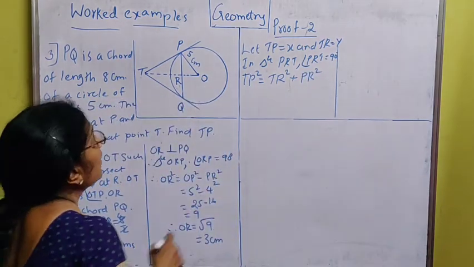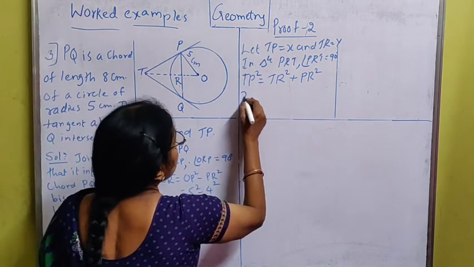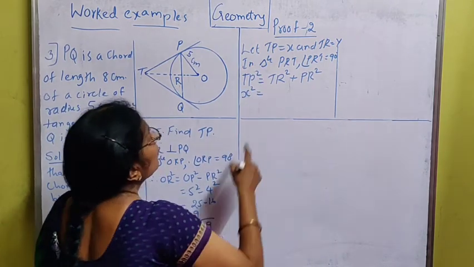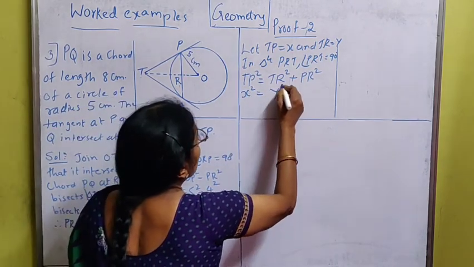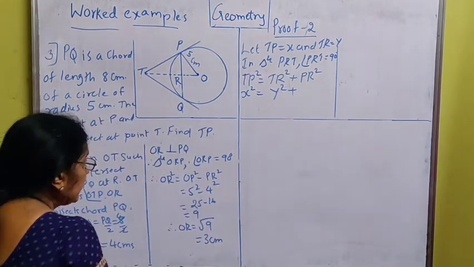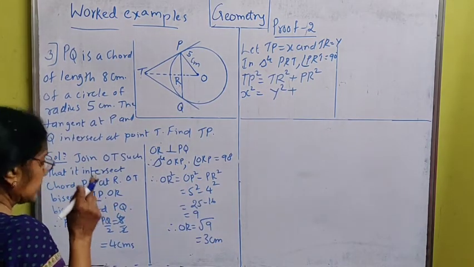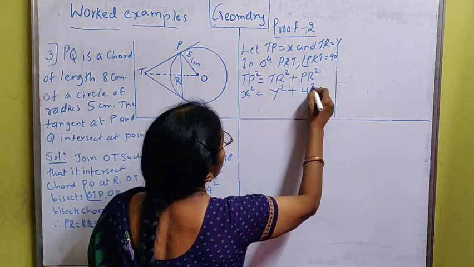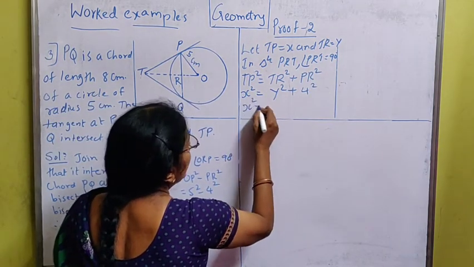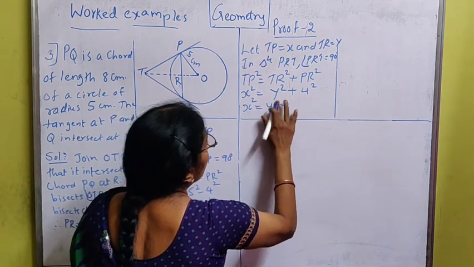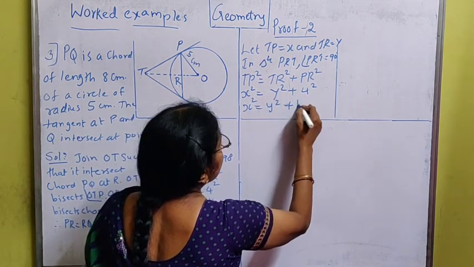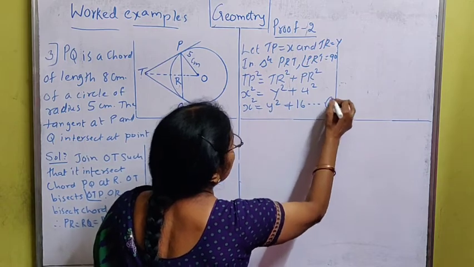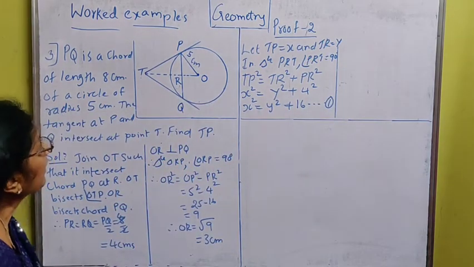What is TP square? We have supposed it as X square. What is TR square? Y square. Plus, what is PR square? We found that PR is equal to 4, so we get 4 square. So we get X square is equal to Y square plus 16. This is your equation number 1 with triangle PRT.